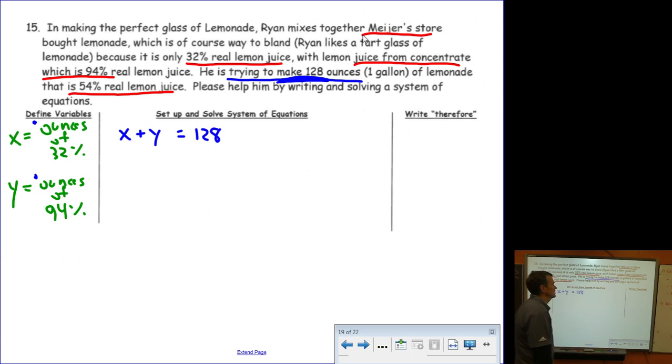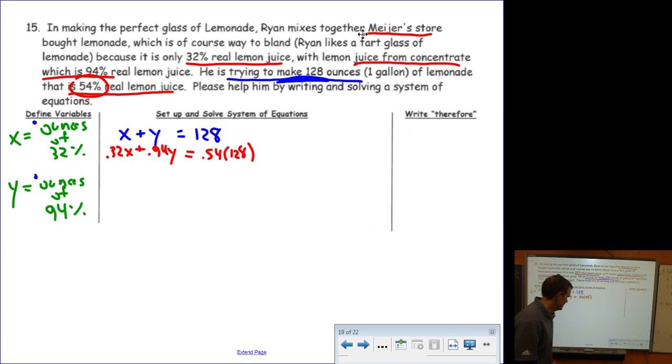So that's the easy equation. And then the harder equation deals with the percents. I know that the X is 32% juice, so 0.32 times X is the amount of real lemon juice in those ounces. And the 0.94 Y is the amount of lemon juice in those ounces. And don't forget the 0.54 times 128 is the amount of juice in the mixture.